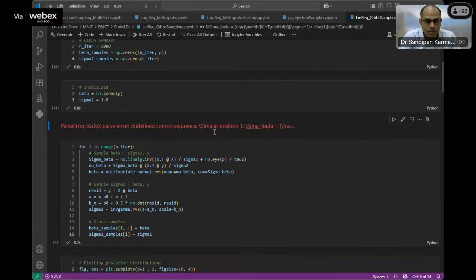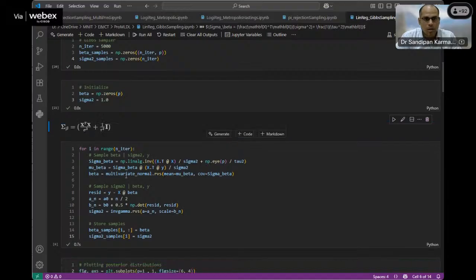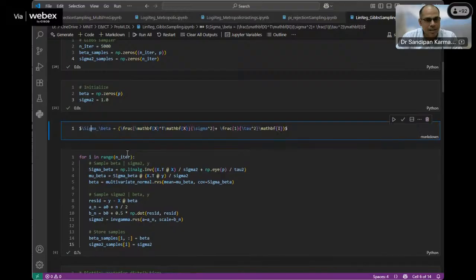So this is sigma beta. Can you understand this particular equation? Isn't it very nice that I can write down the equations here for the corresponding line of code? This is actually an inverse, so to the power minus 1.